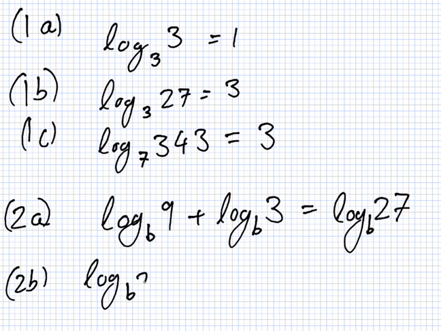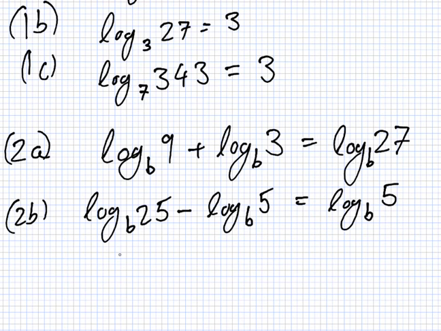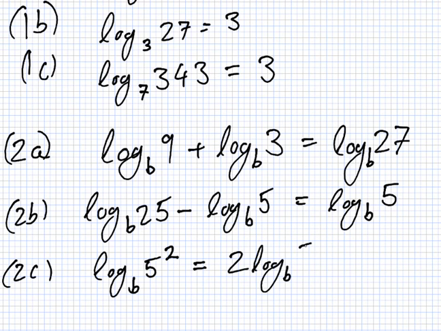Which rule would I need for this one? Second rule. So we have to divide 25 and 5. So what do we get here? 5. Okay, and then one more like this. Log b of 5 squared. What rule? Power rule. Yeah, 2 log b 5.